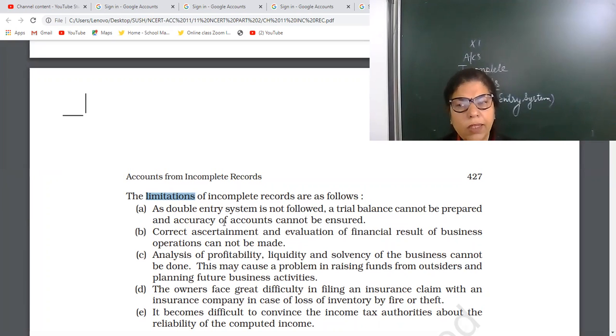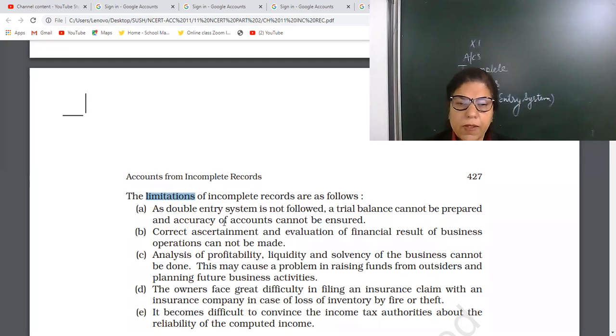Otherwise, no one will invest. Bank will not give the loan at that time, first of all. And even then, planning future business activities. If the businessman wants to plan for future activities, he wants to expand, he wants to diversify, he wants to launch new products, he wants to open a new branch, he wants to know the future profitability, he must have the accounts in present.